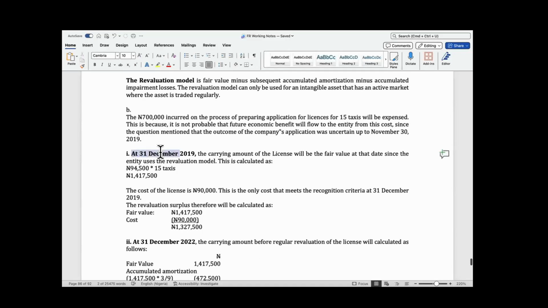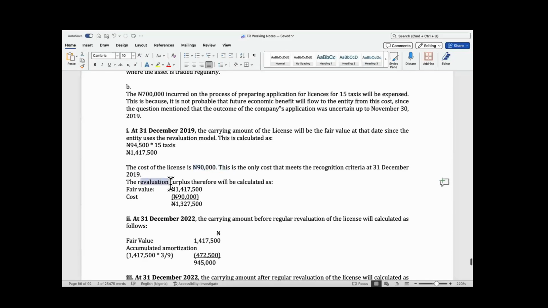So then, as of 2019, the carrying amount of this license will be the fair value at that date. Since the entity uses a revaluation model, I multiply that 94,000 times 15 to get this. I told them that the cost of the license is 90,000, and this is the only cost that meets the recognition criteria as at December.